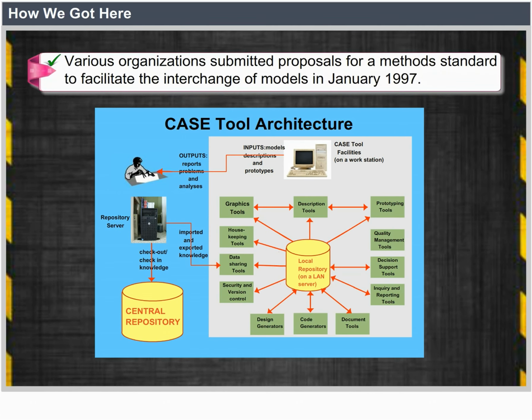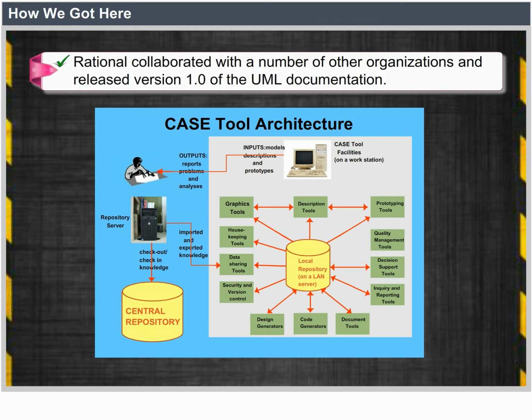Various organizations submitted proposals for a method standard to facilitate the interchange of models in January 1997. Rational collaborated with a number of other organizations and released version 1.0 of the UML documentation.